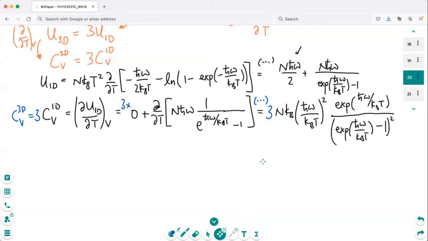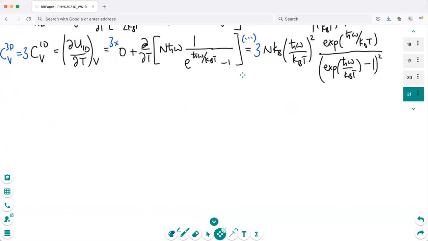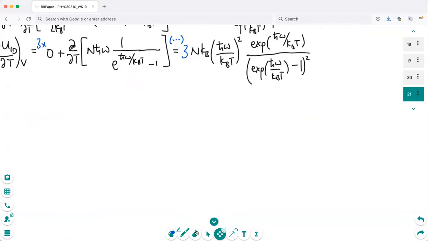So I will need this slide. Let me manage this a bit better. So I will copy this. I go to 21, and I will need this final equation here. Actually, I want this one, and then the rest I don't really care.